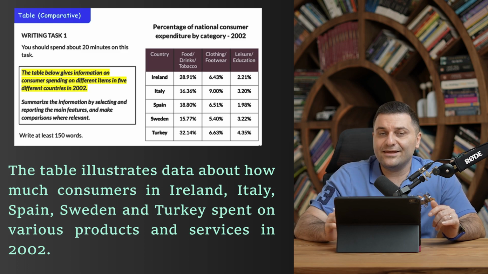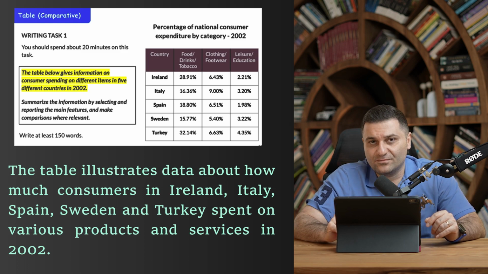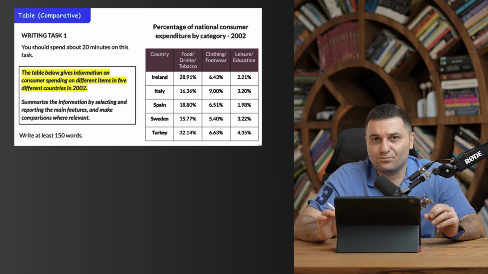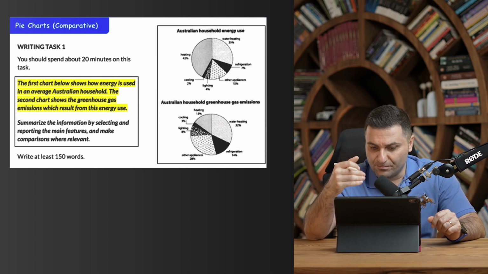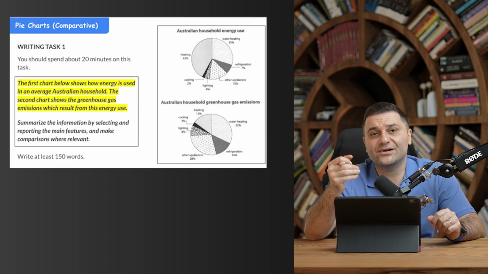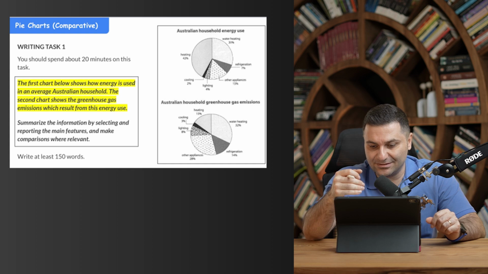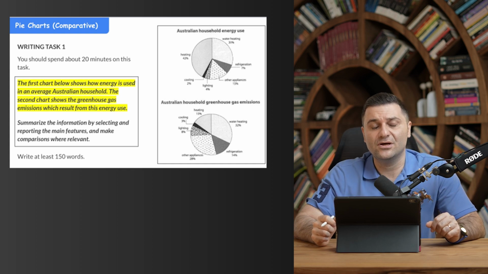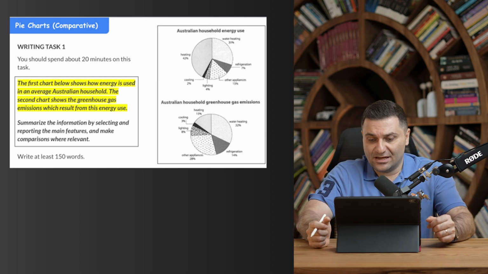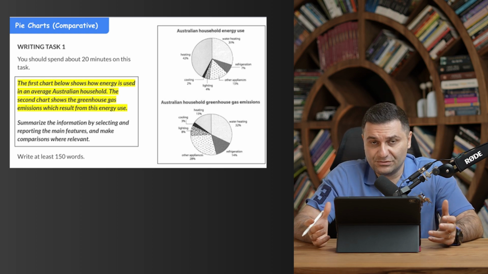Now let's take a look at another chart. Here is a pie chart. And it is comparative. It compares the Australian household energy use and the greenhouse gas emissions that actually come from this energy use, all right?